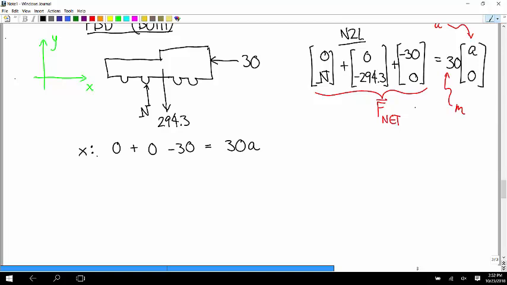And now that's just an algebraic equation that we can use to solve for a. So negative 30 is equal to 30a, or in other words, a is equal to negative 1, and since this is SI units, that's meters per second squared.